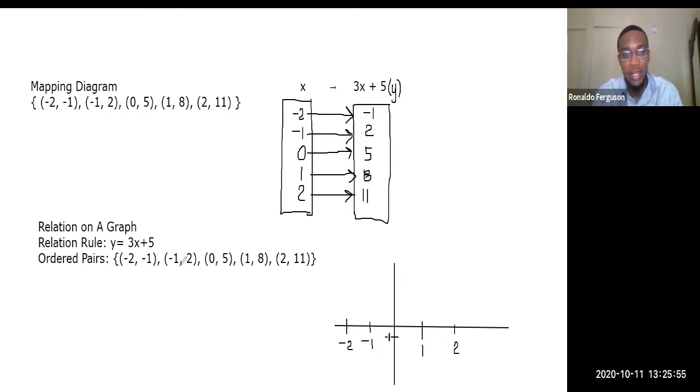Then when x is -1, y is 2. So let's put 2 on the y-axis. Then 5, we can put 5 up here. Then the next y value is 8, then 11. So I'm going to put 8 right here. And then the last y value is 11.